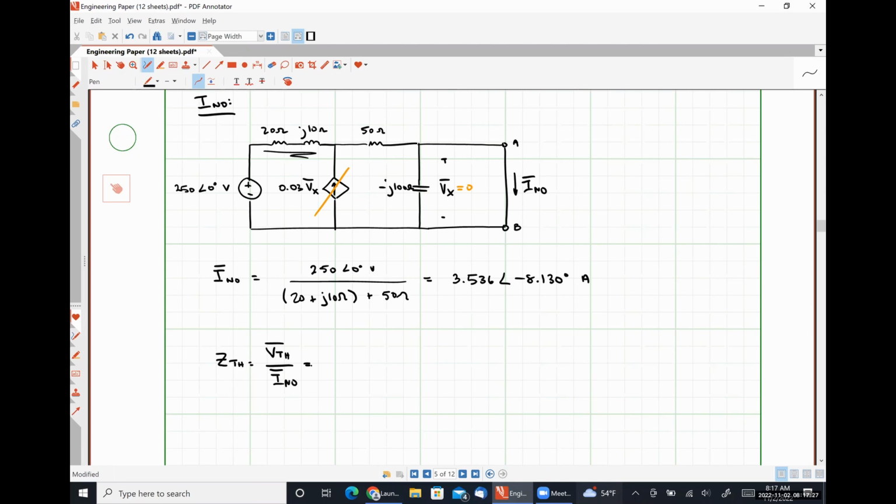So let's see, A divided by B, I get 100 minus j100 ohms.